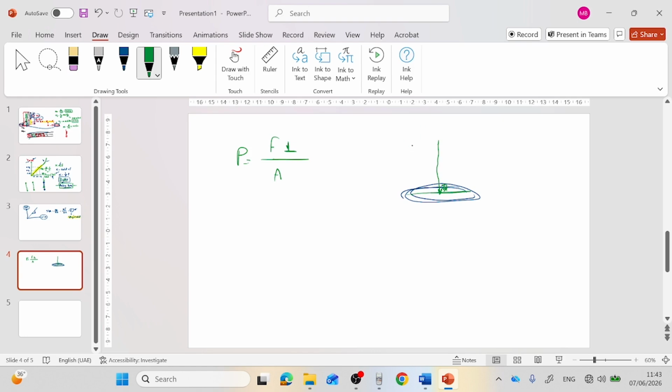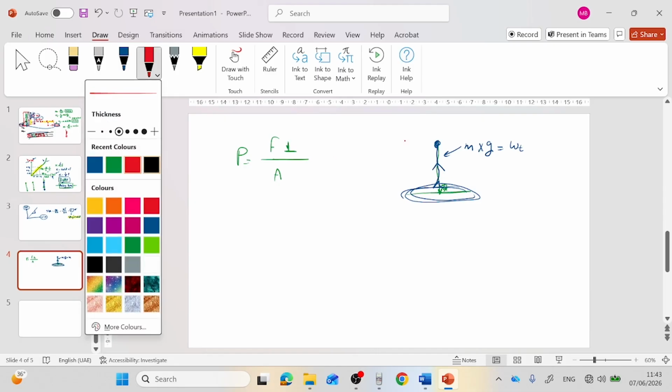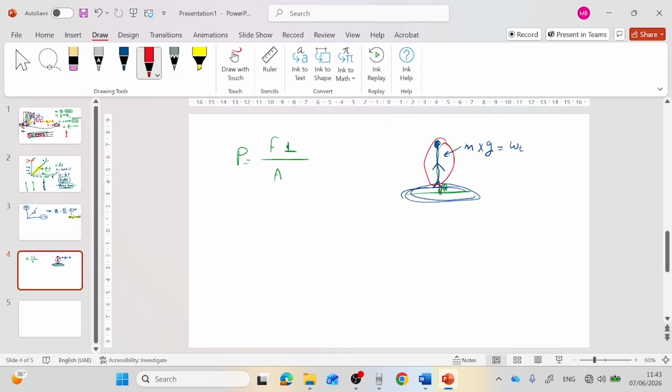If you want to find the pressure which is exerted by this force, for example, by your weight, if you are standing on this area, you will find your mass, then you multiply it by the acceleration due to gravity. So this is the weight, and you know that the weight is acting vertically downward toward the center of the earth.